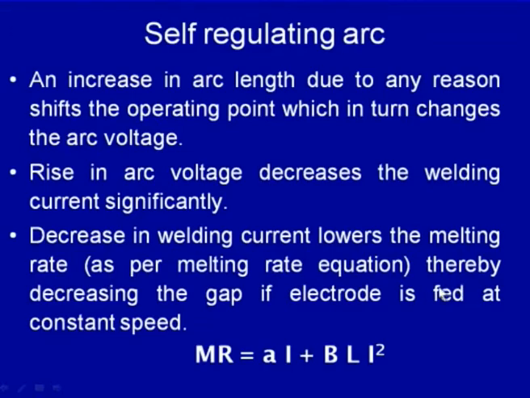So, if for any reason there is a change in arc gap, it will change the welding current, and the change in welding current affects the melting rate, which in turn helps in regulating the arc length as per the requirement, especially when the electrode is fed at a constant rate.